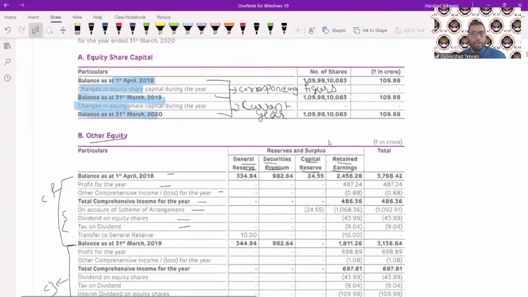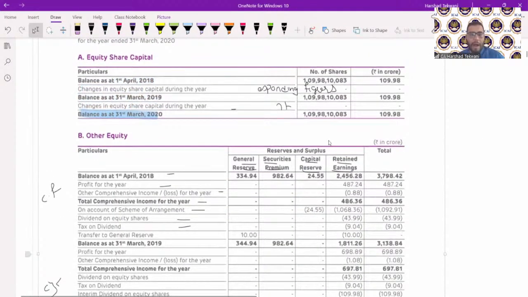Okay. So this is a statement of changes in equity. First of all, remember we saw the bifurcation into equity share capital and other equity. They provide a reconciliation between opening and closing equity share capital: balance at 1st April 2018, then balance at 31st March 2019.